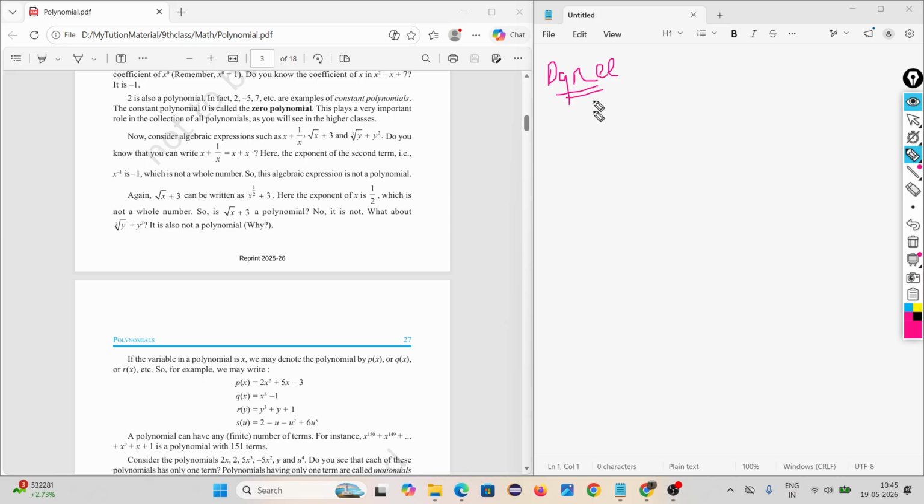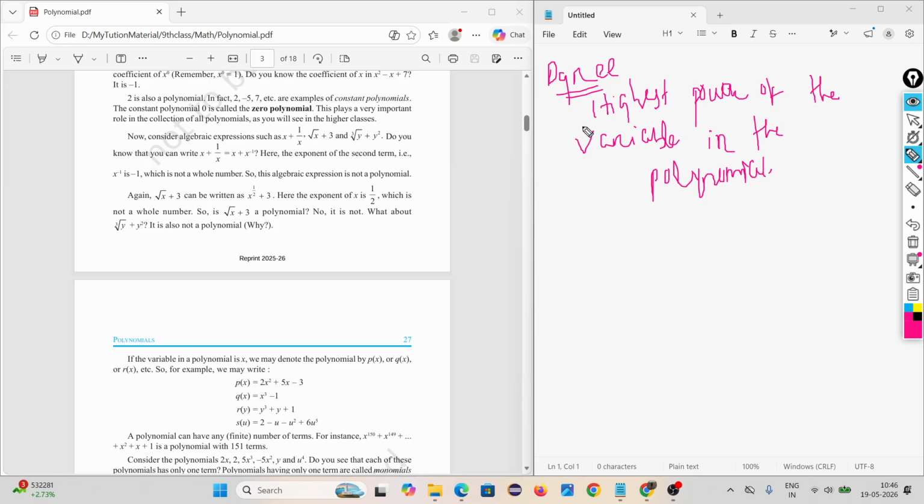Degree is nothing but the highest power of the variable in the polynomial. Look, x cube plus 2x plus 3. Here the highest power of the variable is how much? x cube. Degree is 3.